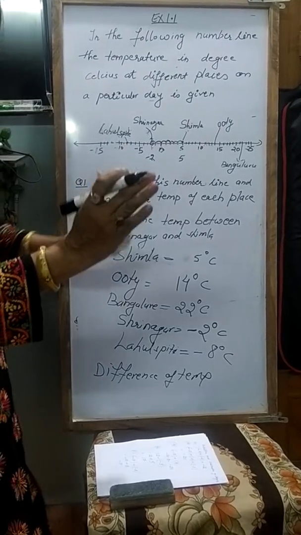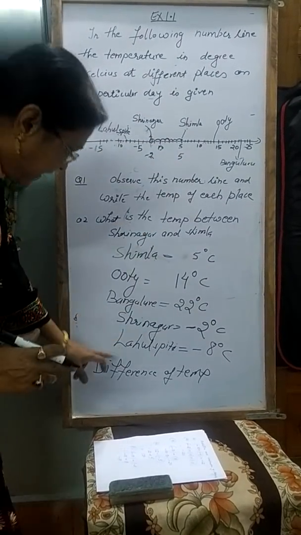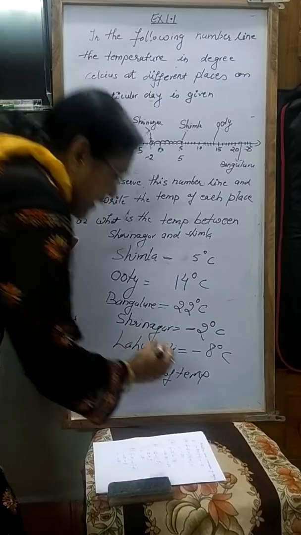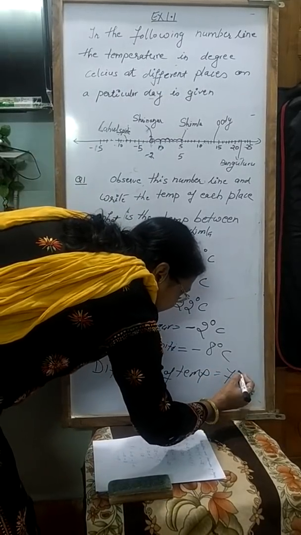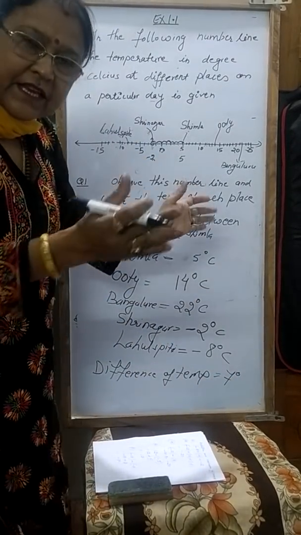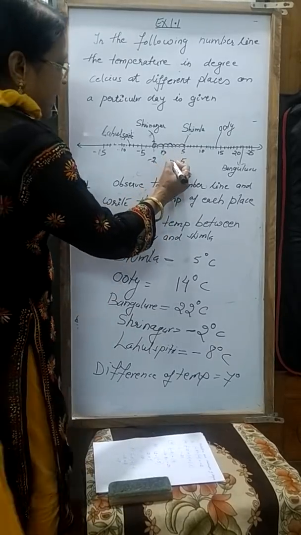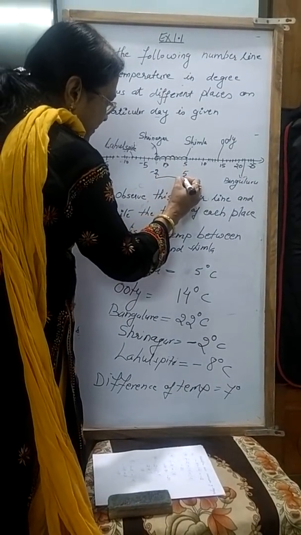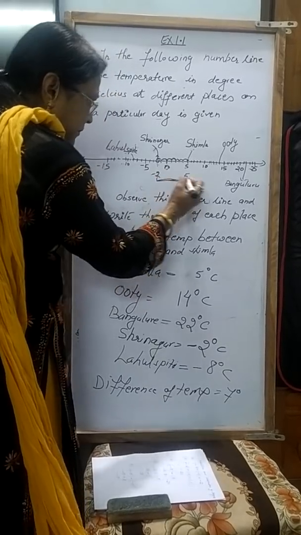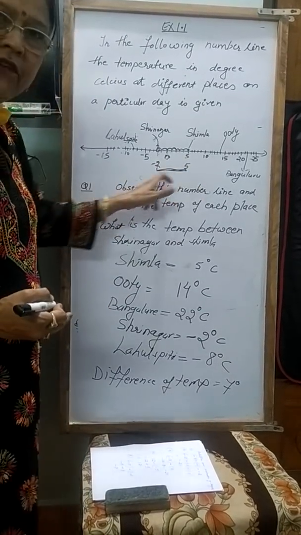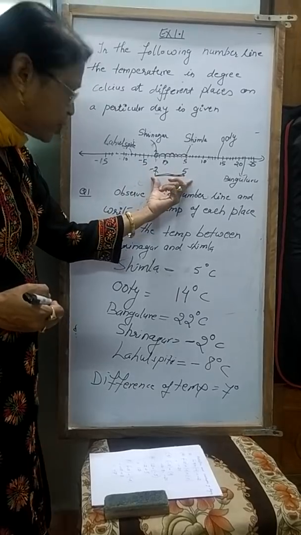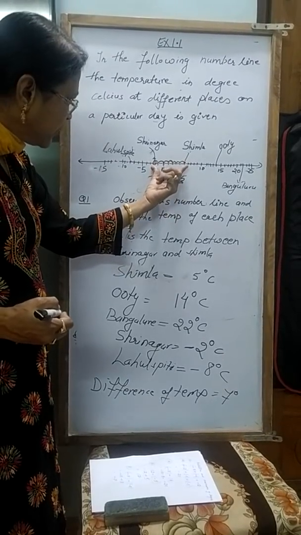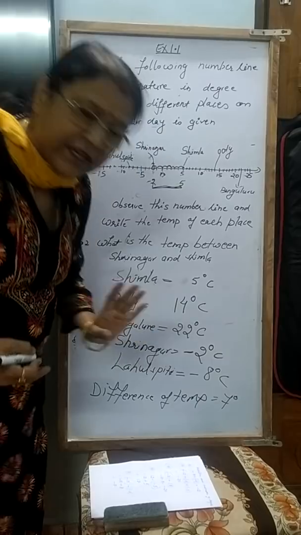So if the difference is asked, then the difference between the temperature is 7 degrees. To find the difference between the two, you have to compare from here to here, take the values in between, how many values are covered between these two. So here in between these two, 7 values are covered.